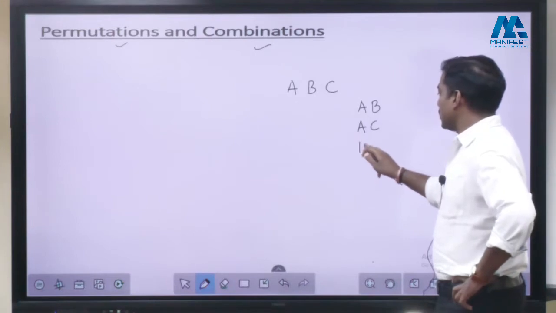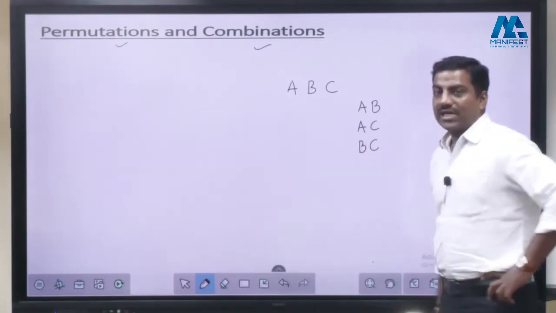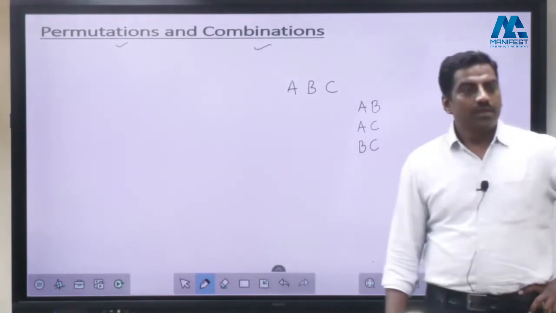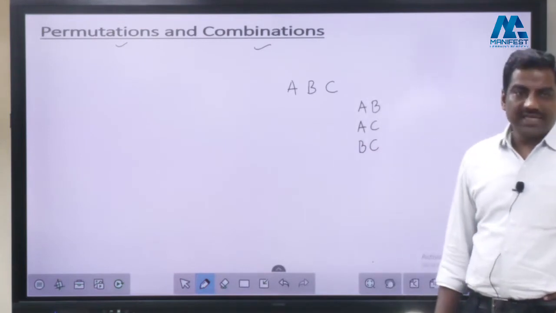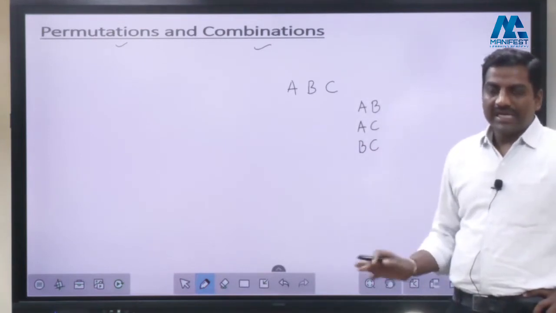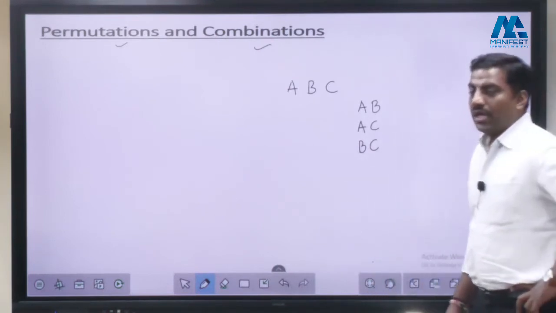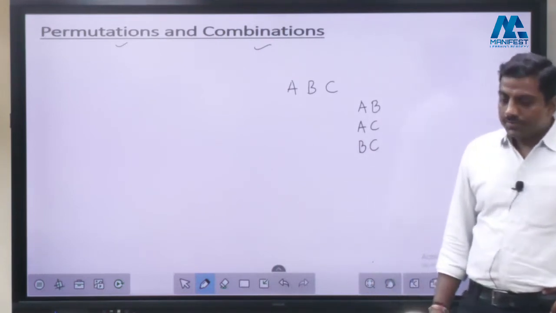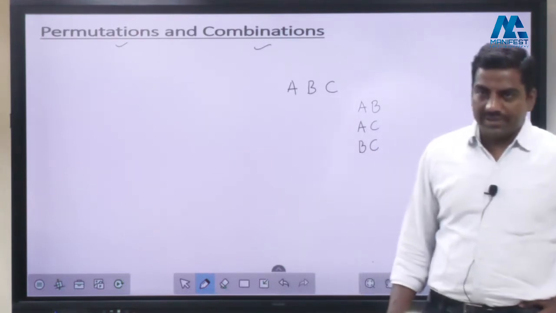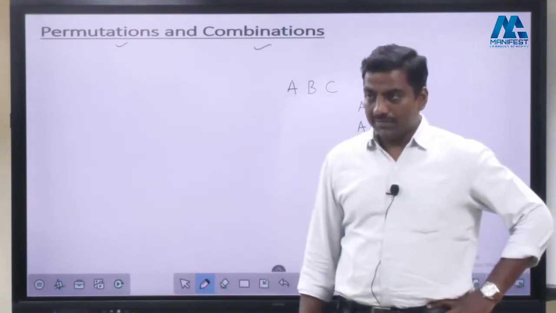Then, so these are 3 ways of selecting 2 persons out of 3 persons, correct? Any other way?